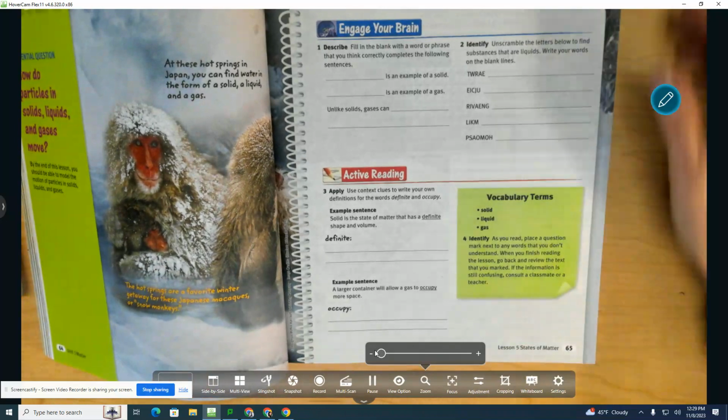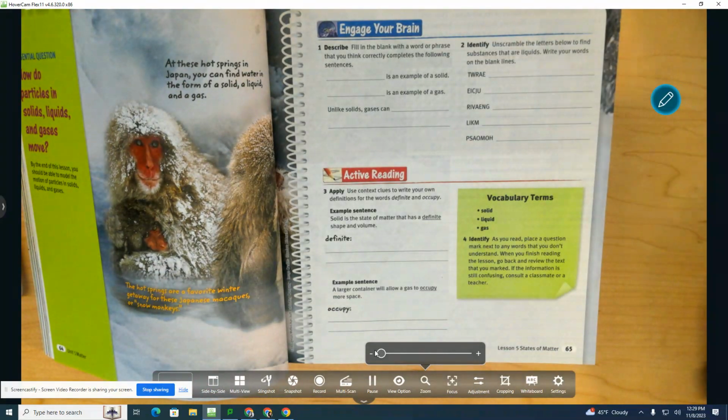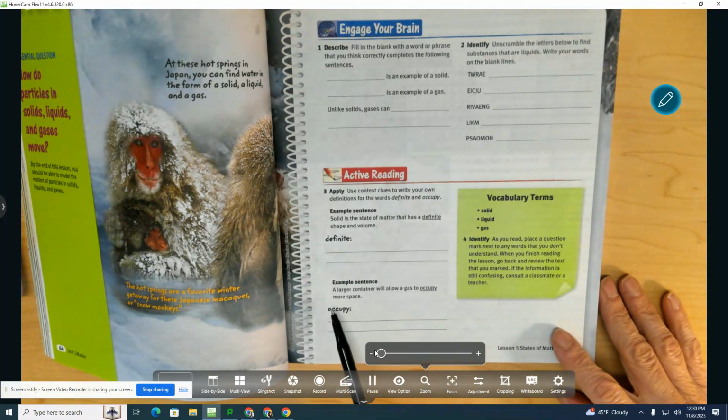How about this one? A large container will allow a gas to occupy more space. So if I have a large container, the gas will occupy more space in a large container as opposed to a small container. So what is the word occupy?